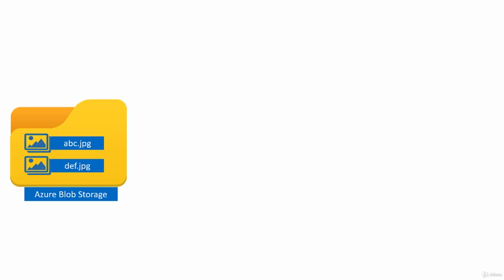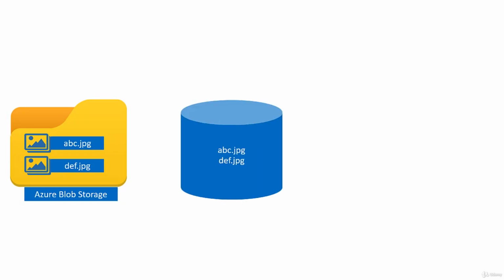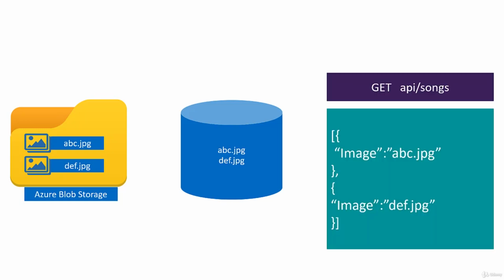Well, we'll store the images in Azure Blob storage, and earlier we created our Azure storage and container. So we'll store the images in the Azure storage, then pick the path or name of the image and store it inside the database. Next time, when we call the get method, we'll get the image path.